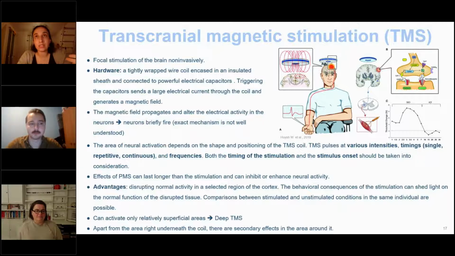So it's as if we cause a lesion that is reversible. And even though I'm talking about lesions, TMS, if properly done, is safe. However, again, the spatial resolution is not excellent, and we can only reach areas in the cortex, not deep in the brain.